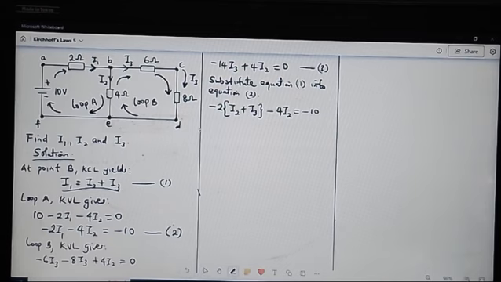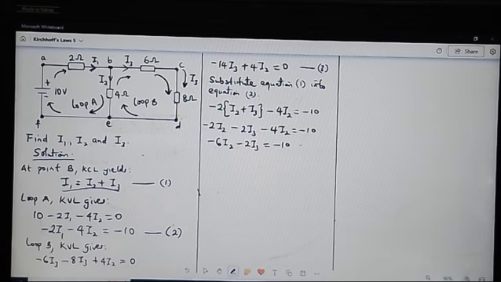We simplify further. This gives us minus 2I2 minus 2I3 minus 4I2 equal to minus 10. So that's minus 2I2 minus 4I2 is minus 6I2, then minus 2I3 equal to minus 10.